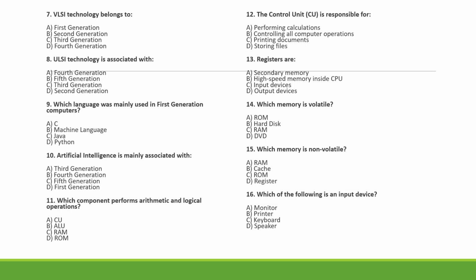Registers are high speed memory inside the CPU. These are memory devices we use in the CPU for the purpose of high speed. Then the correct answer is option B, registers. Which memory is volatile memory?